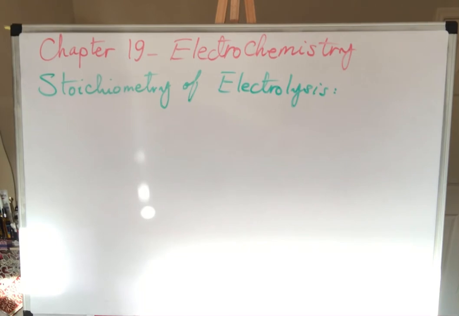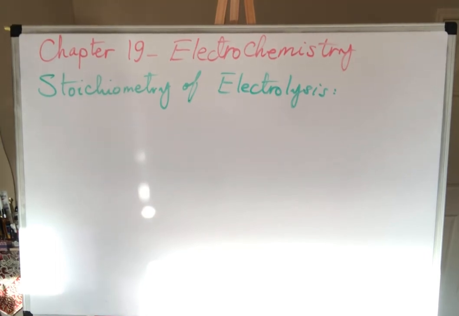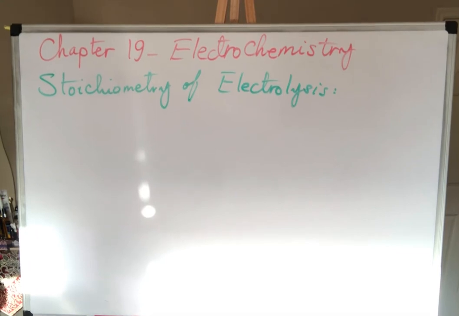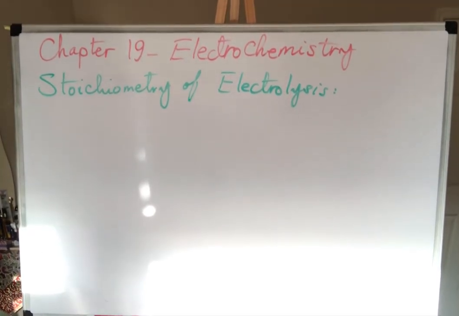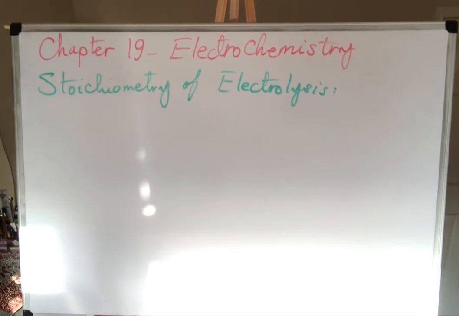So, Michael Faraday needs to be given the credit for all the work he has done on the electrolysis and the charges and the flow of charge in a circuit. And he has found out that the total charge that flows in a circuit in a cell is related to the amount of the substance. So the amount of substance and the number of electrons can be related to each other.